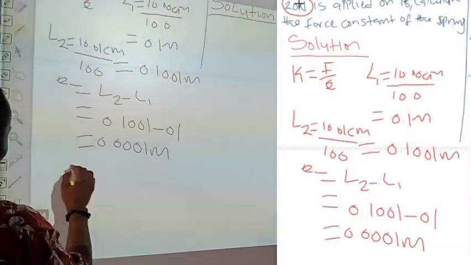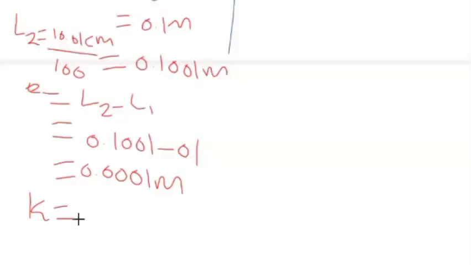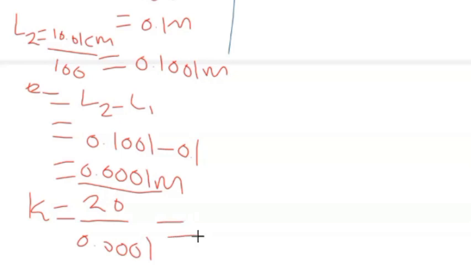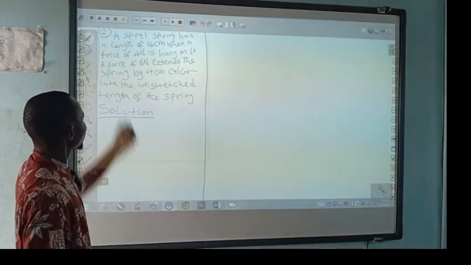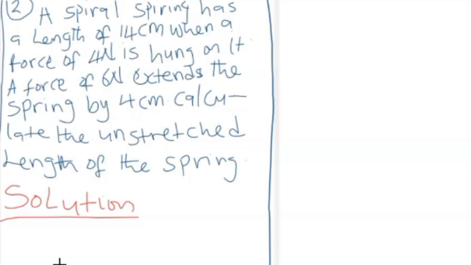So applying K is equal to my force, 20, divided by my extension, which is 0.0001. Now if I divide this, what I should have is 0.00002 Newton per meter.